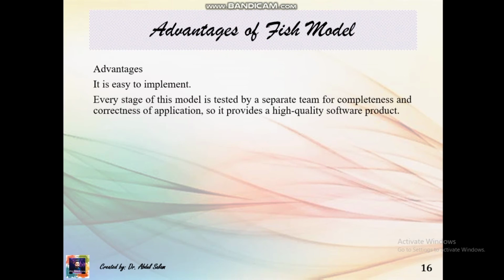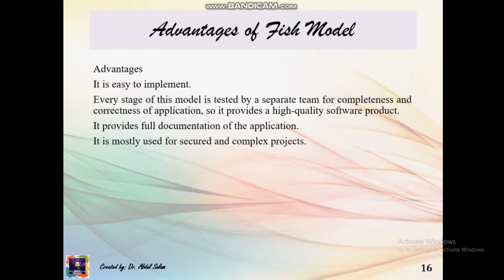Every stage of this model is tested by a separate team for completeness and correctness of the application. So it provides a high quality software product. It produces full documentation of the application. It is mostly used for secured and complex projects.